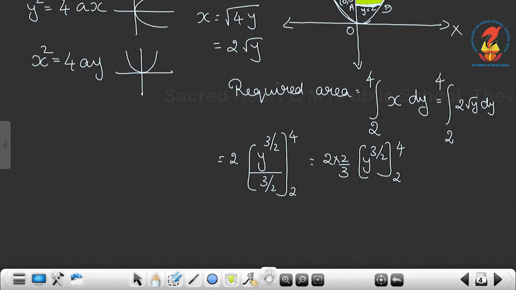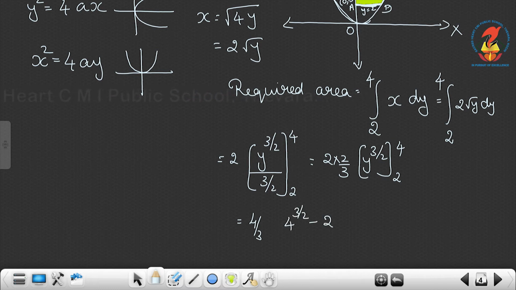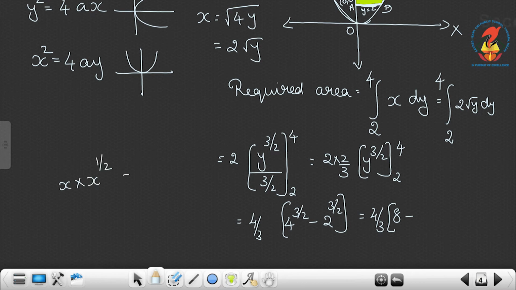So 4 by 3 into 4 raised to 3 by 2 minus 2 raised to 3 by 2. What is 4 raised to 3 by 2? It is 8. 8 minus 2 raised to 3 by 2. x into x raised to half is equal to x raised to 3 by 2.